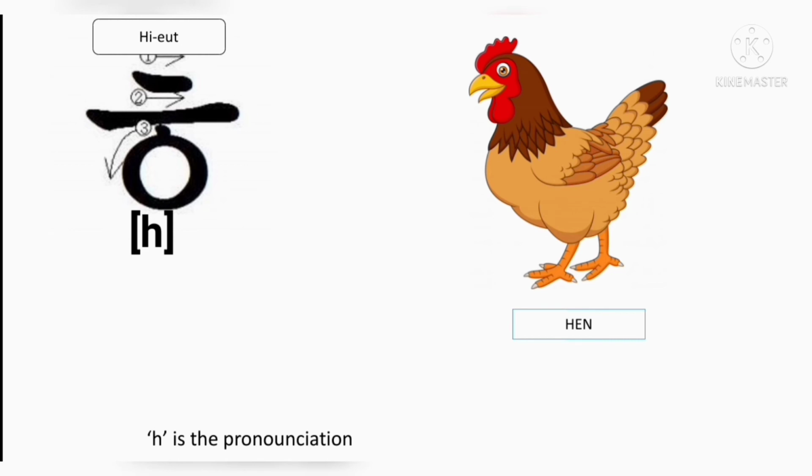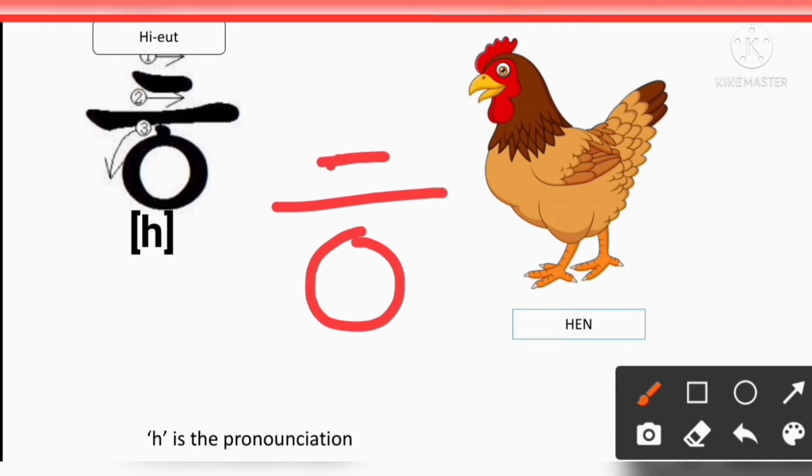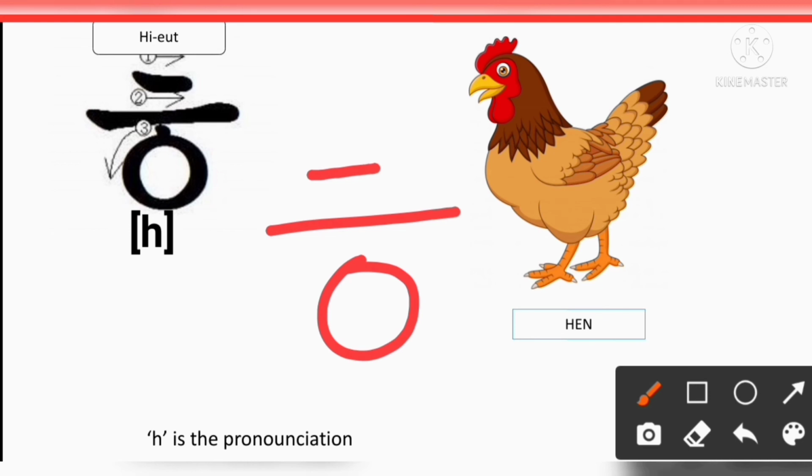Example, hen. And this is the most interesting consonant when we come to write it. So this is like 1, 2 and 3. H. I hope it's very easy. 1, 2 and 3. This is H.